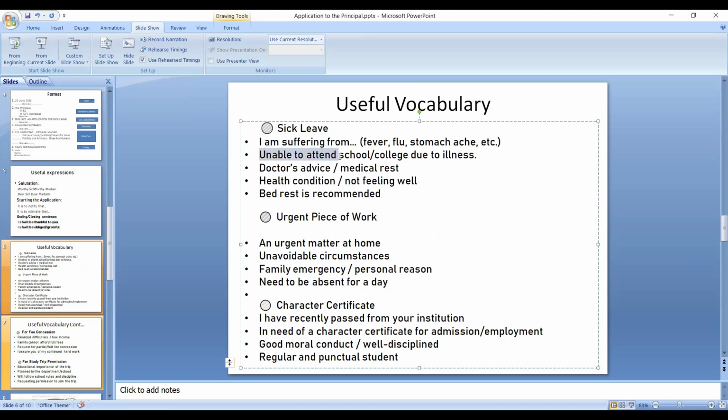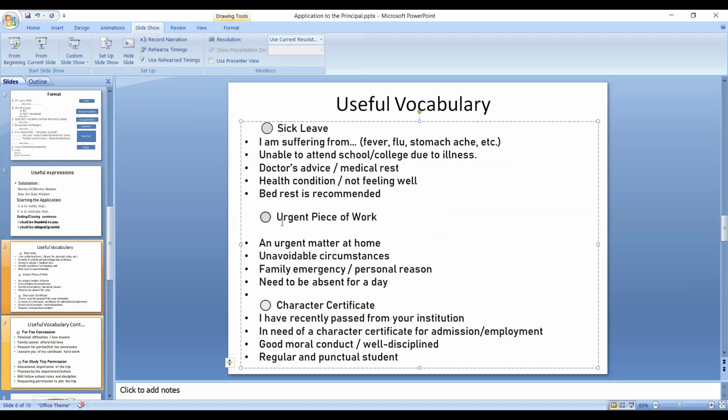Because of that, unable to attend the school or college due to that illness. It is also important to validate or substantiate your application with the doctor's advice. Health condition: not feeling well, and bed rest is recommended.